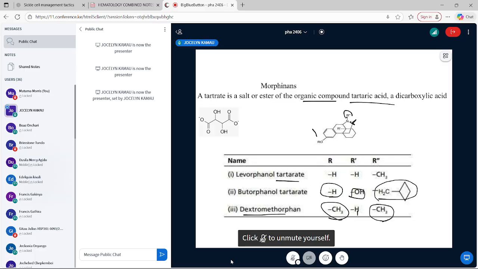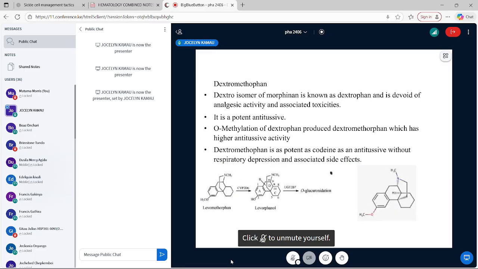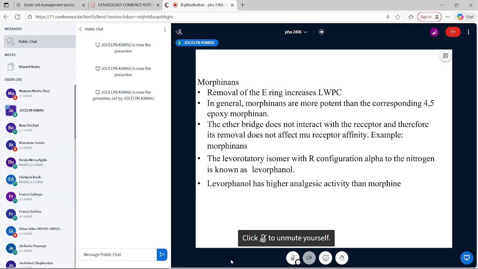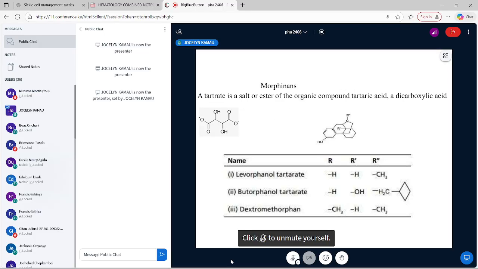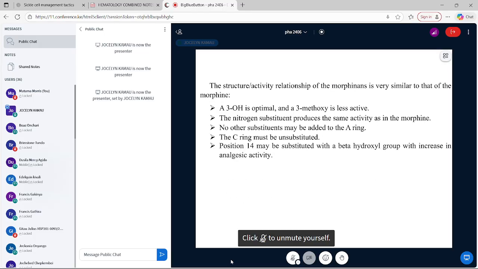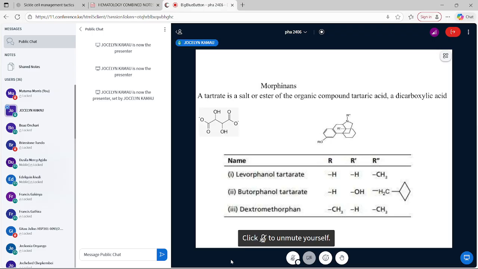Can somebody remind me which compound? There's a compound I said is very similar. No, butorphanol. Can somebody remind me this compound? This structure, which we said is very similar to another compound we had discussed.